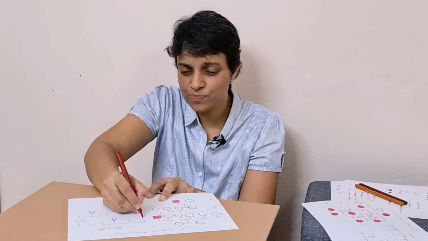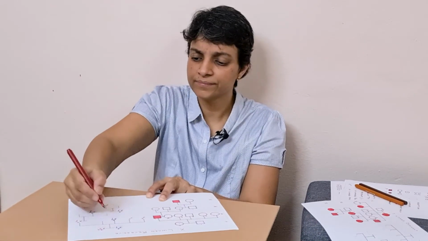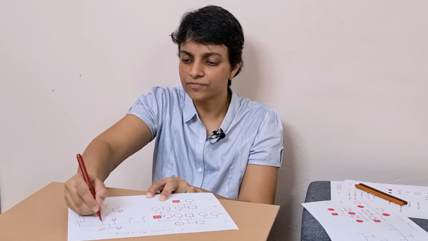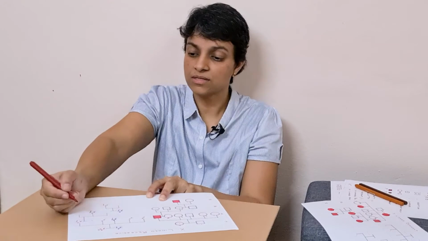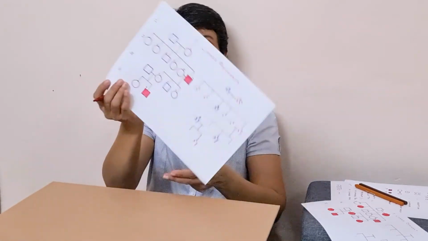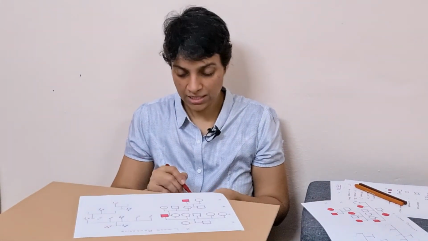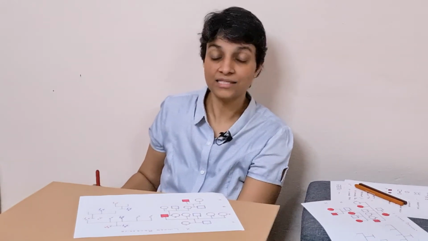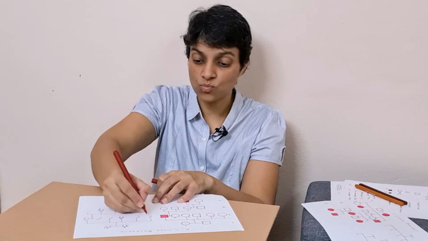Father will anyways pass on the dominant X to all his girl children. Father must pass that on. Because this lady is also not affected, she must be carrying at least one X, like this. Father will definitely pass on his X carrying the dominant allele to his daughters, and the other X from the mother can be capital A or small a.